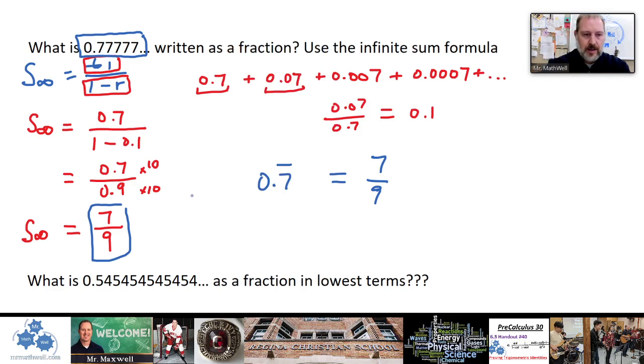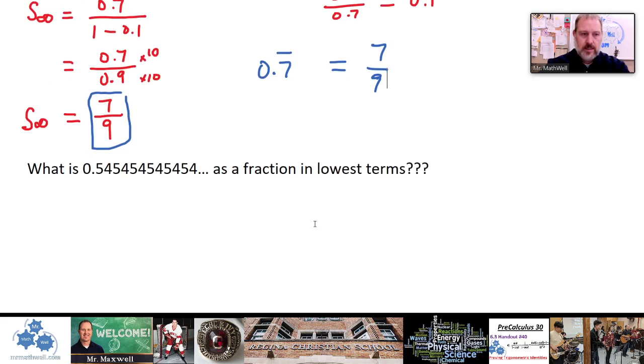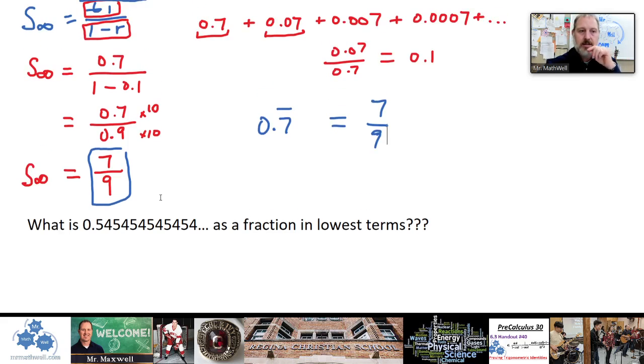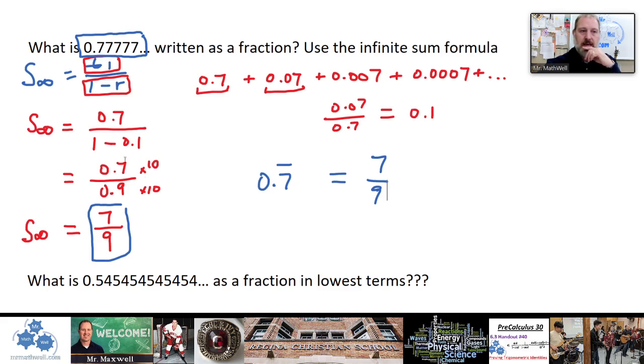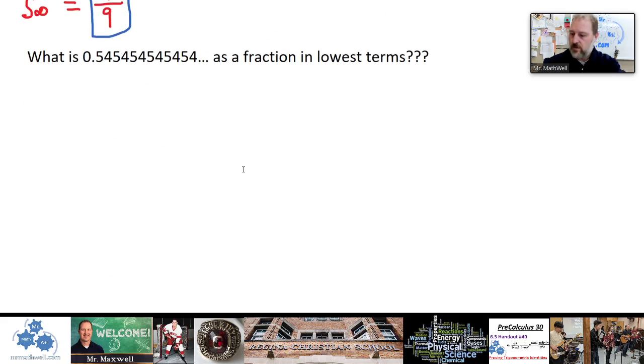So that's that one. Now this one is another question that I would like you to try right now. So pause the video, or if you're in my class learning this right now, I'm going to pause here and I want you to give this a try. Take this concept and take the infinite sum formula, which I will rewrite here for you.